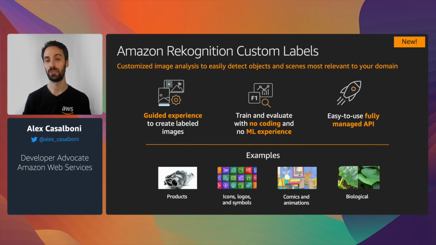So what Rekognition will do is apply some transfer learning. It will start from an already solid model. That's what you would do in the industry. You don't start from scratch building a model.